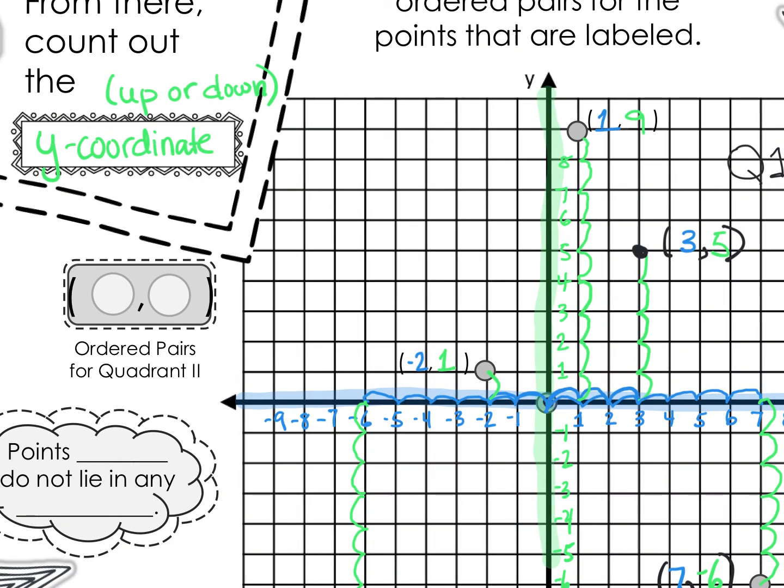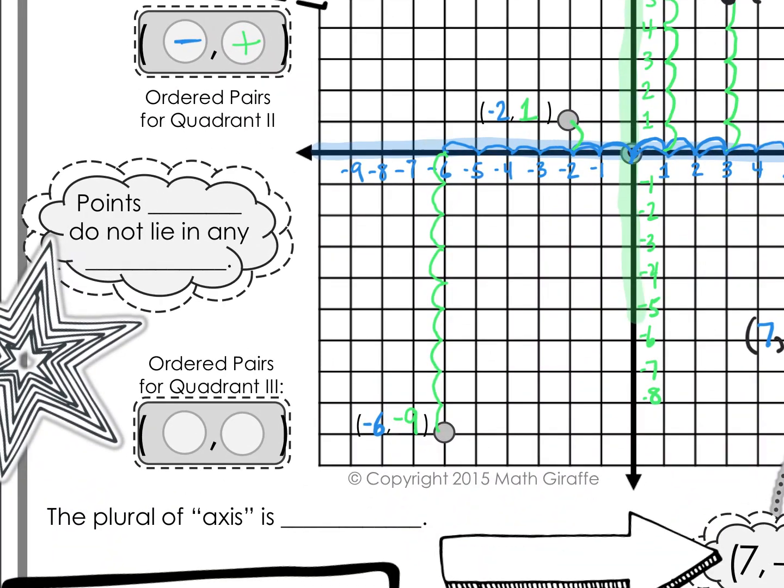If we go to quadrant 2, the X coordinate will always be negative because it goes in the negative direction on the number line. So quadrant 2 is negative. But the Y is positive because we have to go up to get into that quadrant. For quadrant 3, the numbers are always going to be negative for the X coordinate and also negative for the Y coordinate because we're going in the negative directions for both the X and the Y coordinate.